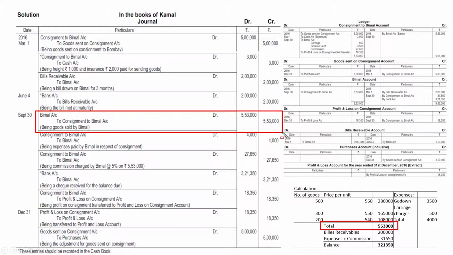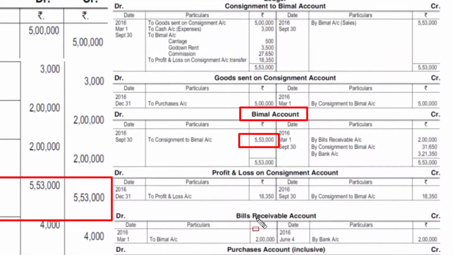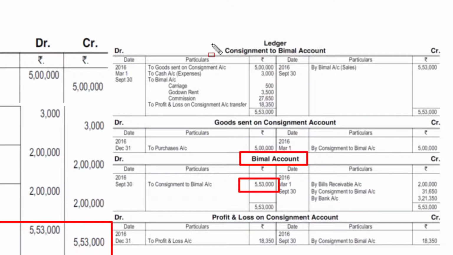So this is the calculation we are recording here. Bimal account will be debited 5,53,000 and the consignment to Bimal account will be credited 5,53,000. This will also be posted to the ledger account of Bimal. So Bimal account will be debited 5,53,000 and consignment to Bimal account will be credited 5,53,000.